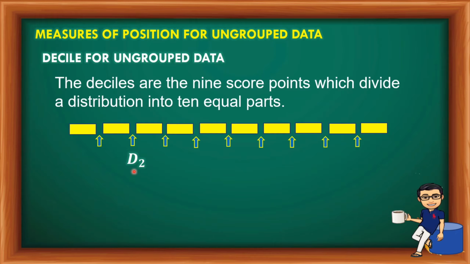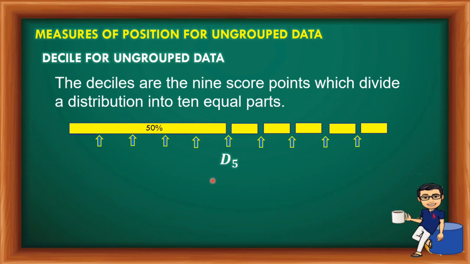And on the other hand, 20% of the distribution are below the second decile. On the third decile, 30% of the distribution are below. On the other hand, we have 40% of the distribution below the fourth decile.